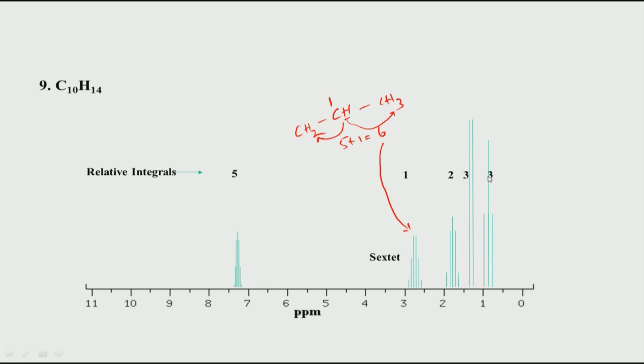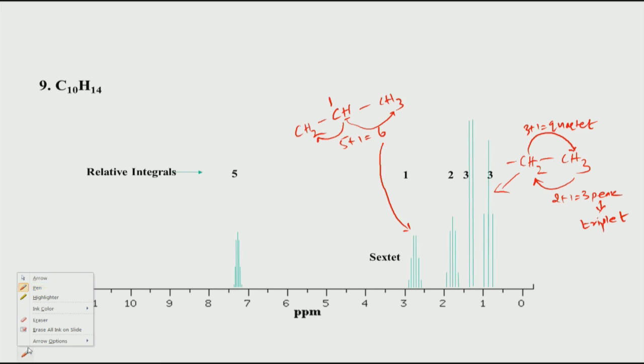Only if a methyl is attached to a CH2 do you expect the methyl to be a triplet. So this could probably be a CH3 attached to a CH2. If that is so, this will give 2 plus 1 equal to 3 peaks, and this particular hydrogen is coupled to 3, so 3 plus 1, this will be a quartet, and this will be a triplet.